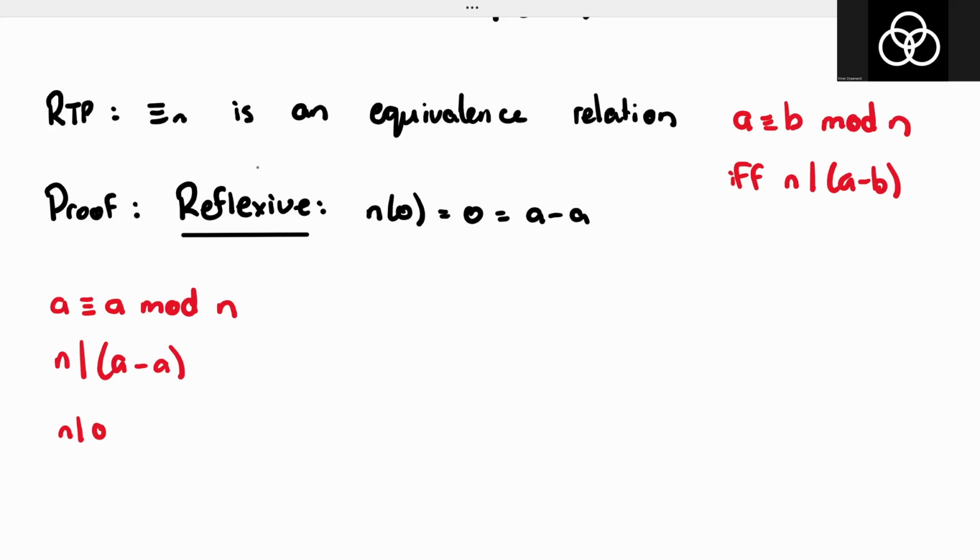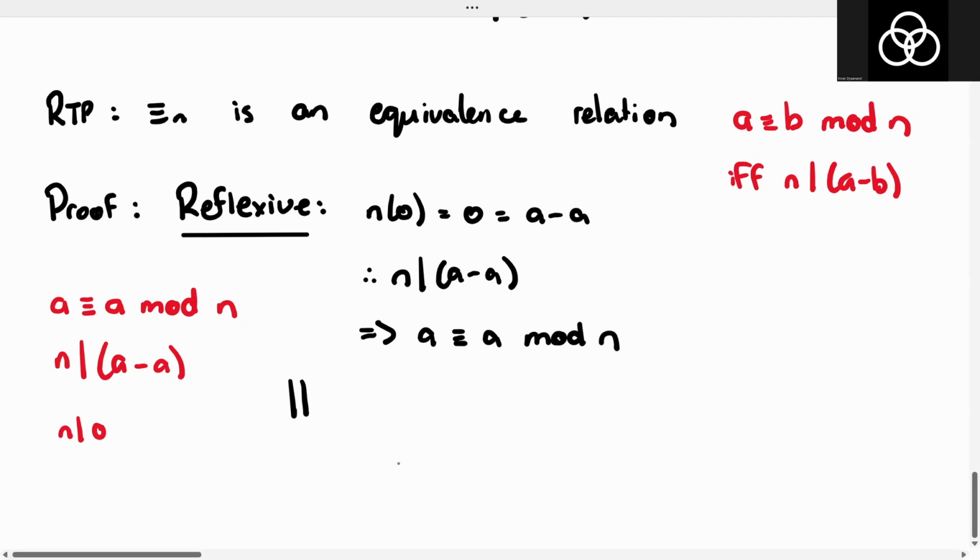I wrote it kind of back to front here, but this is what we're showing here. n divides A minus A. Therefore, n divides A minus A, which implies A is congruent to A mod n. Hence, congruence mod n is reflexive.